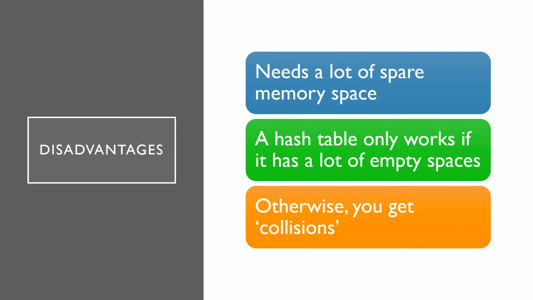Now, of course, there are disadvantages to using a hash table. It needs a lot of spare memory space. You need a lot more space than you have data values to store. A hash table won't work unless there's a lot of empty space in it. If you haven't got much empty space, you tend to end up with collisions. What does that mean?